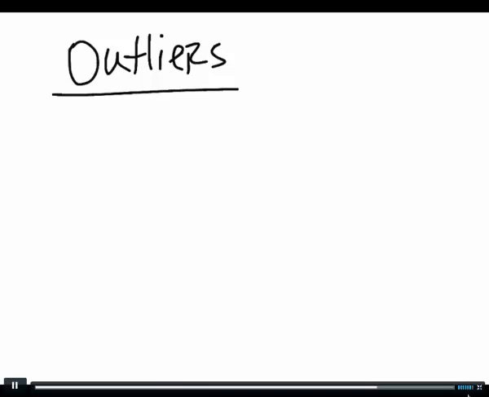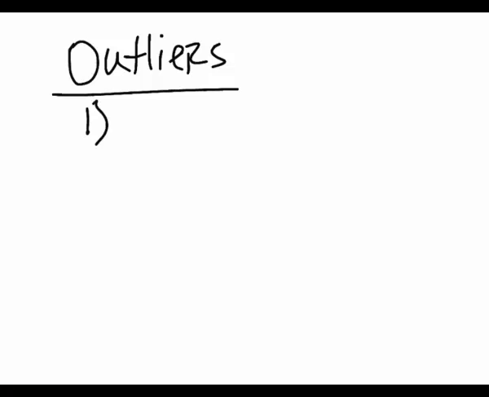The very first thing you want to do when you're checking for outliers is use your quartiles. First, find Q1 and Q3.